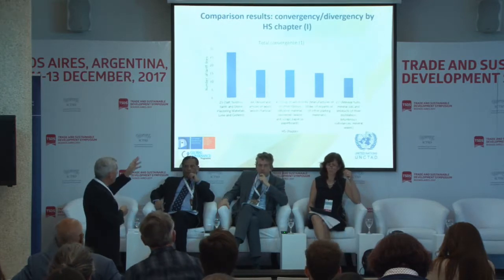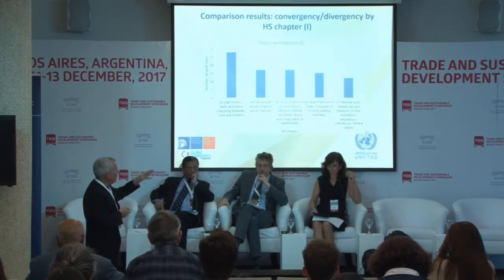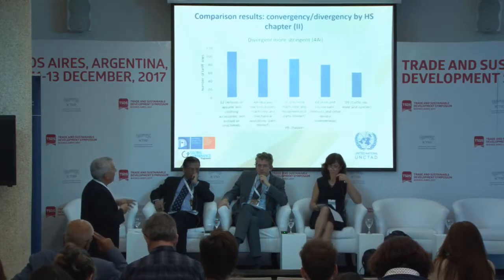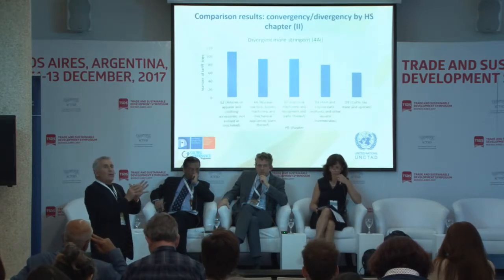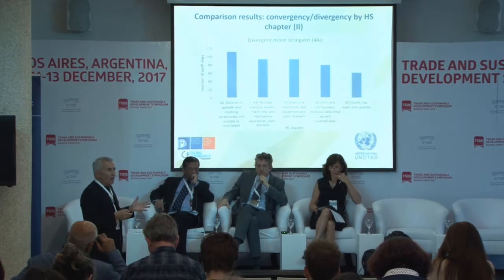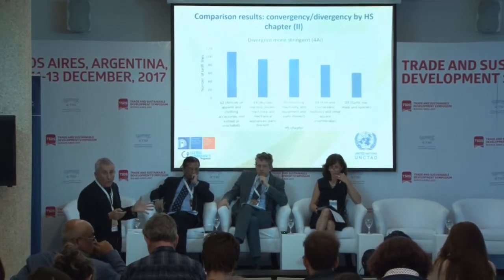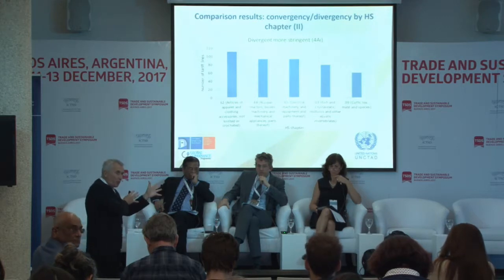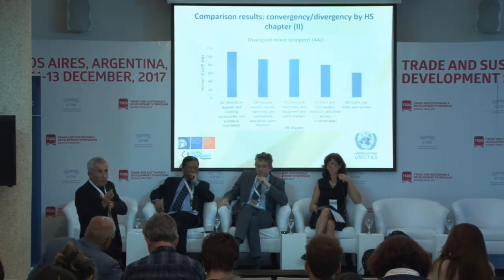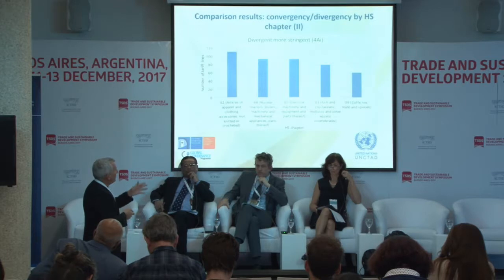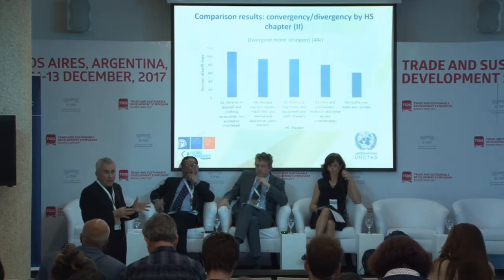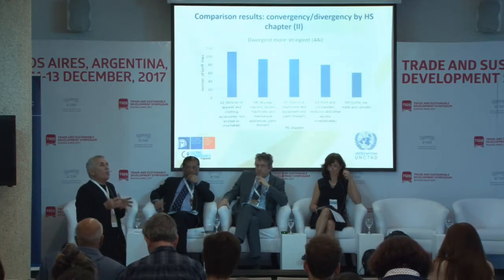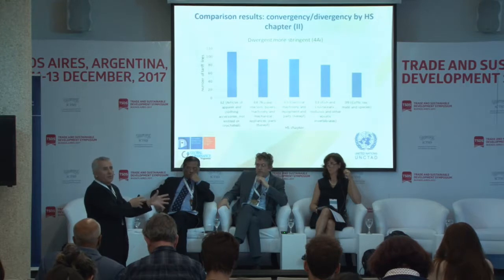Some examples are salt, wood, and mineral fuels, petrols. And there are some other sectors where there is wide divergence. Not surprisingly, we have divergence on clothing, Chapter 62, because the US is more stringent than the European Union. And you have divergence on fish and crustaceans, because the European Union is more stringent than the US in this sector.